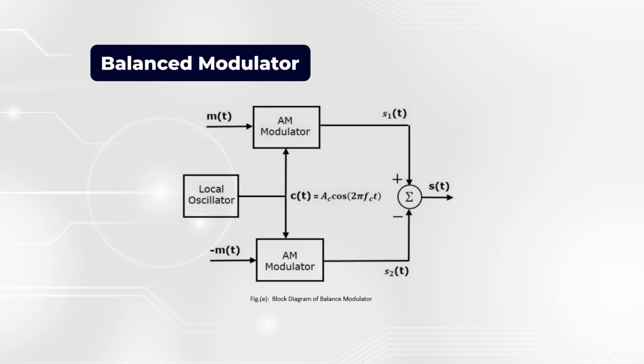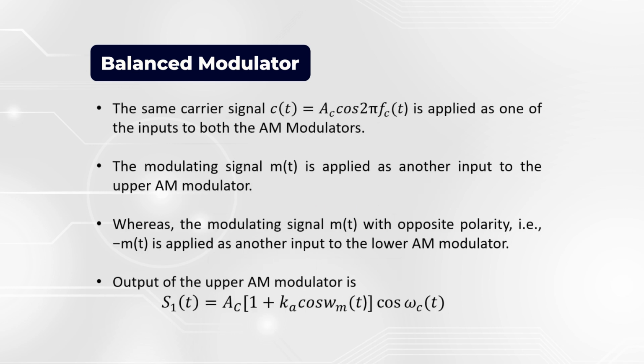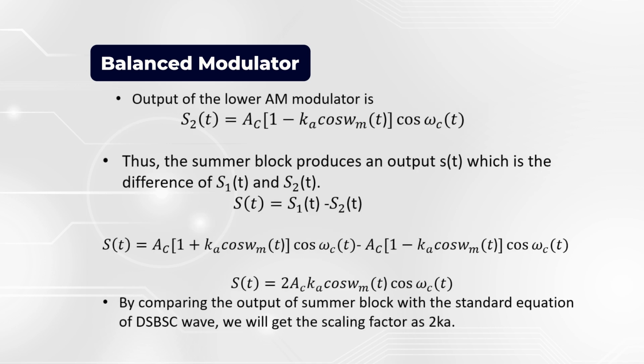Then the output of the upper amplitude modulator is represented by s1(t), and it is given by s1(t) equal to Ac into 1 plus Ka cos omega m t, multiplied by cos omega c t. The output of the lower AM modulator is represented by s2(t), and it is given by s2(t) equal to Ac into 1 minus Ka cos omega m t, multiplied by cos omega c t.